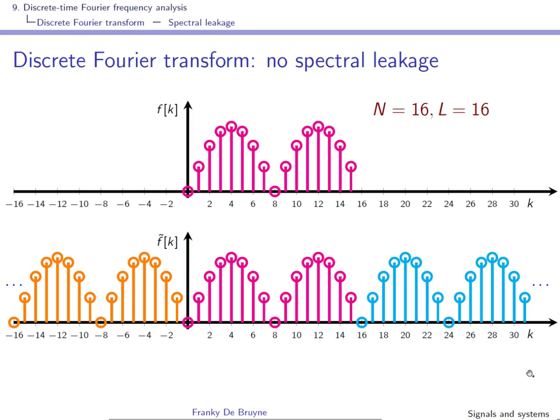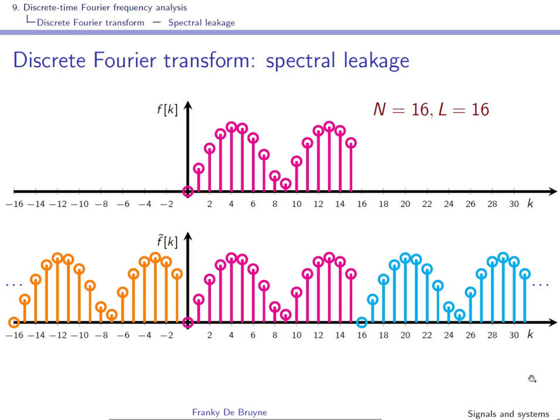So if you take the discrete Fourier transform of that signal, there will be no spectral leakage, because you know that in the background this f tilde here that has been reconstructed from shifted versions of the original fk will represent the original signal that was continuous time in a good way, in the sense that the periodicity is the same and there are no discontinuities. So in this case you should not expect spurious frequencies in the discrete Fourier transform spectrum.